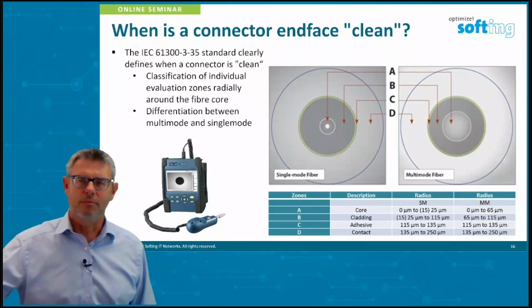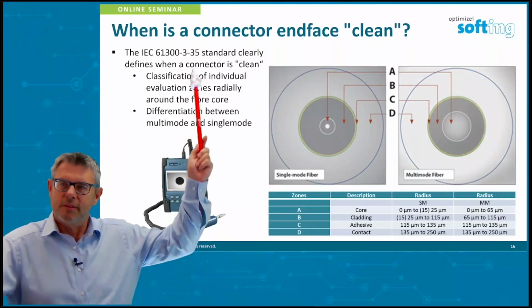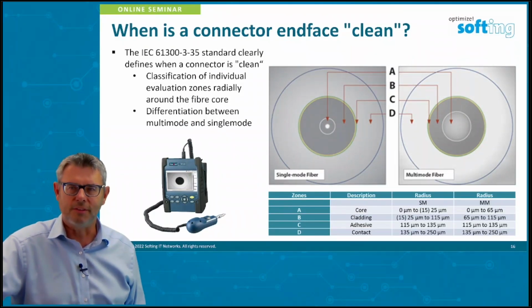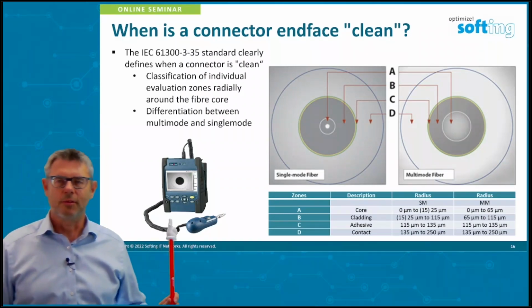To bring some level to this, there's a standard called IEC 61300-3-35. This standard defines when a fiber optic connector end face is clean. How does this work? Here is the microscope, which takes the picture.